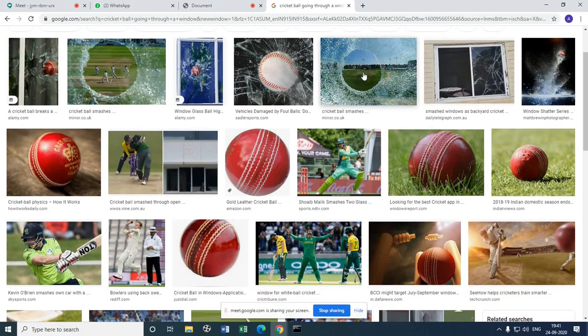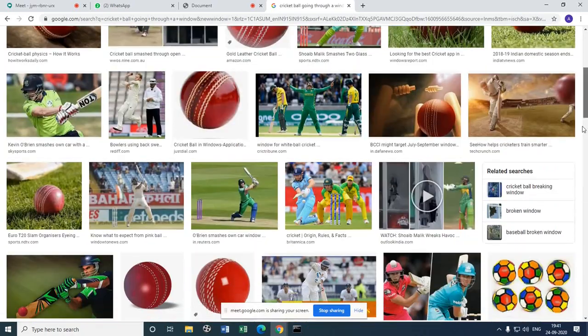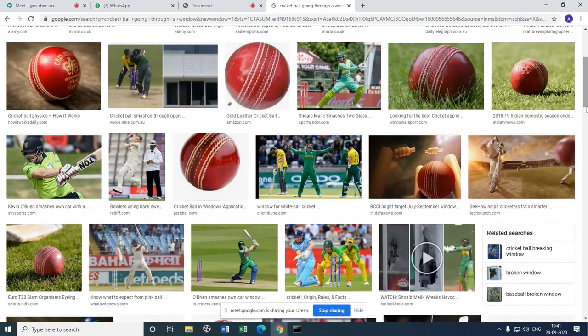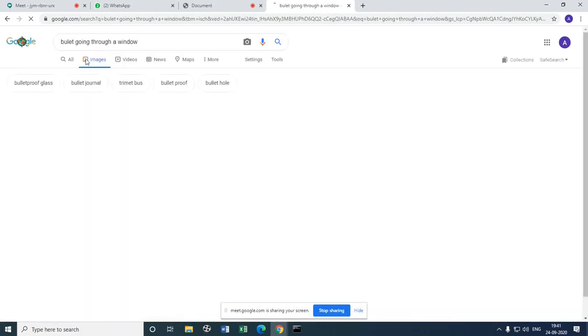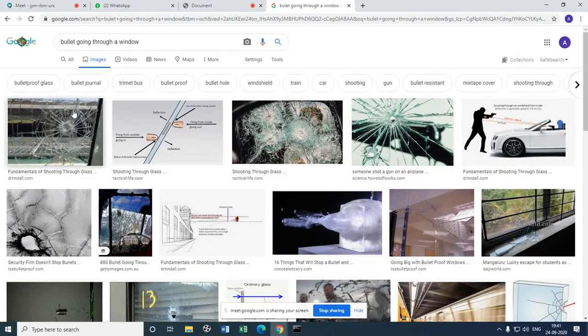The ball is going through without the glass breaking completely, but a hole has been created, though the glass has got shattered. If a bullet is fired, you will see the bullet will go through the glass. Bullet, instead of a cricket ball. You see, look at this case. Can you see this picture?